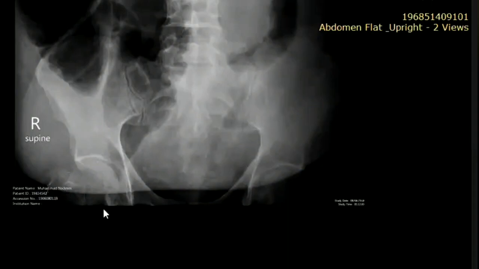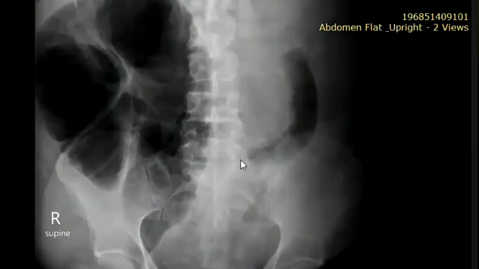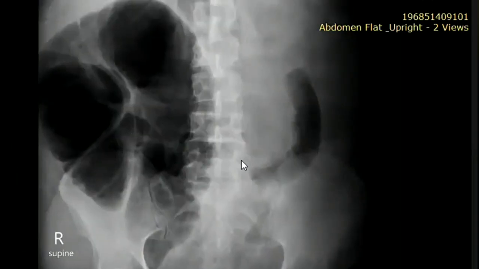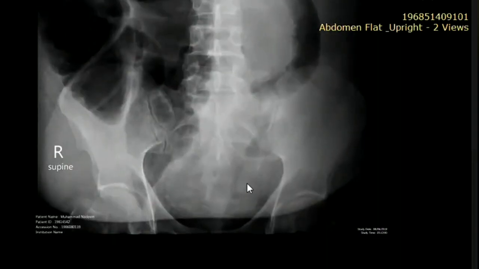Okay, so what is the other differential? Other differentials, ma'am, it can be a closed loop obstruction, and toxic megacolon can also be included in the differential, with the paucity of air distally into the rectum, which I cannot appreciate.